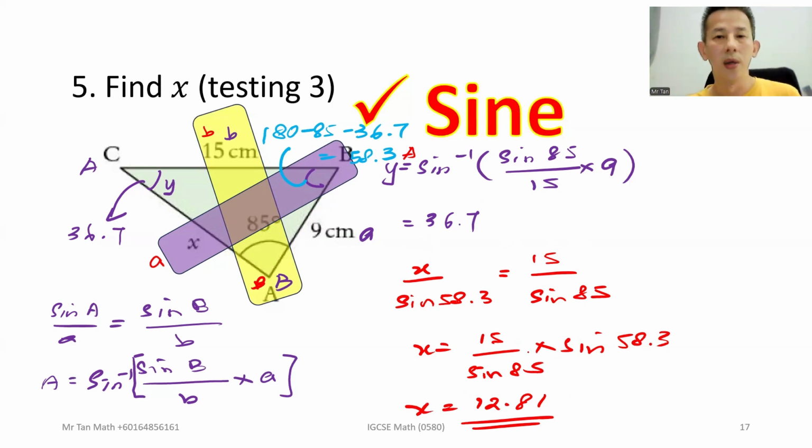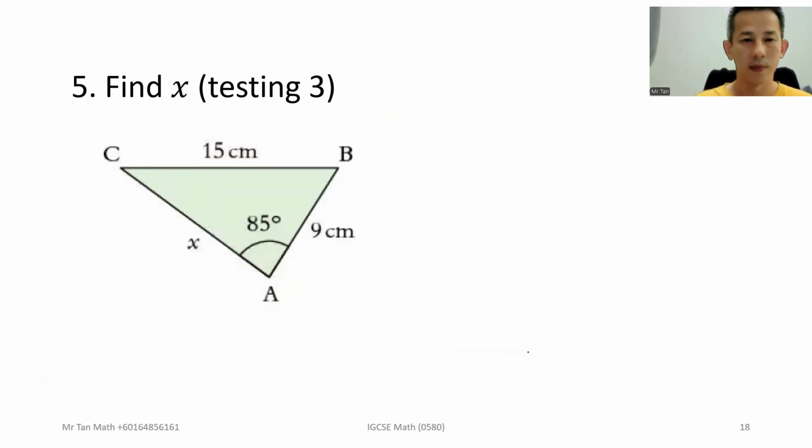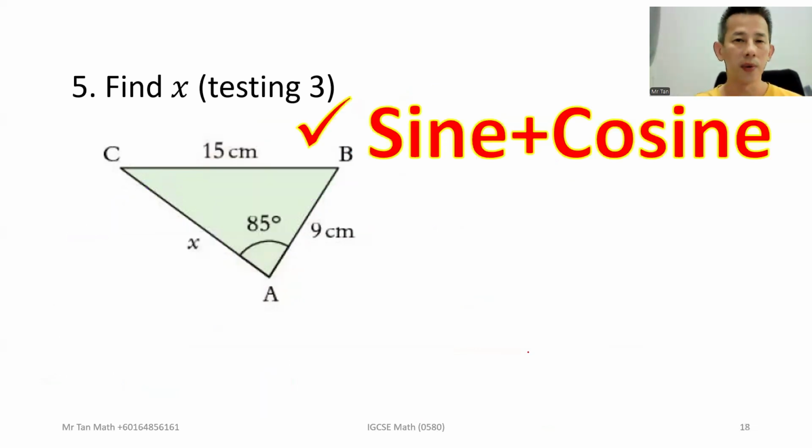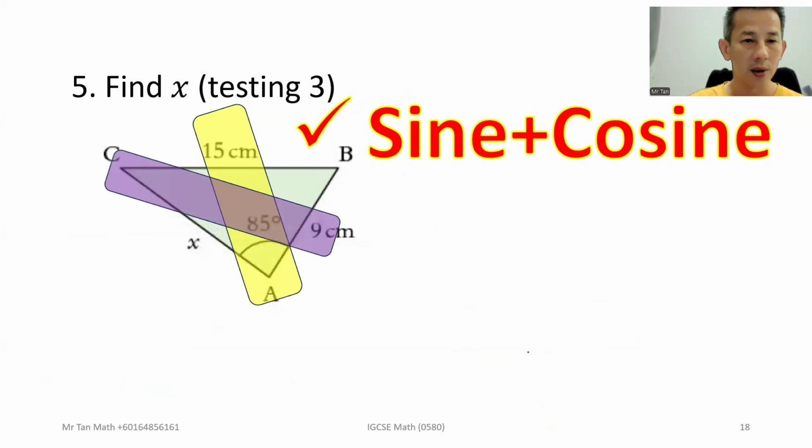If you want to use the sine rule, then you need two steps. Okay, what if we want to just combine the sine and cosine rules? So we have one pair, and we use the sine rule to find this angle we found just now, 36.7.